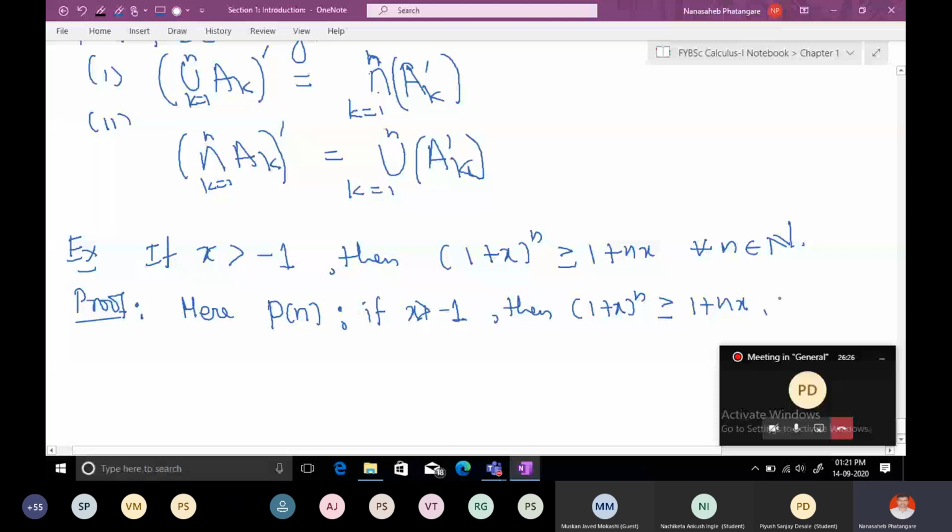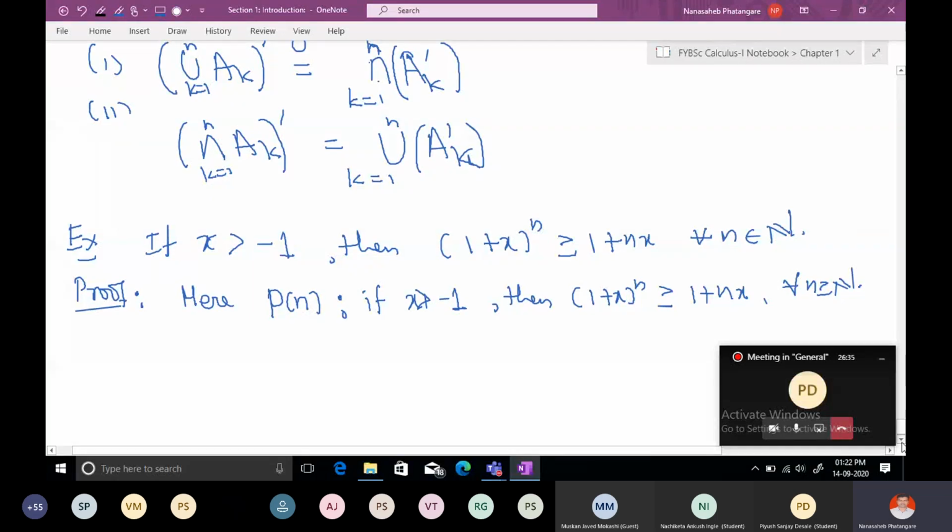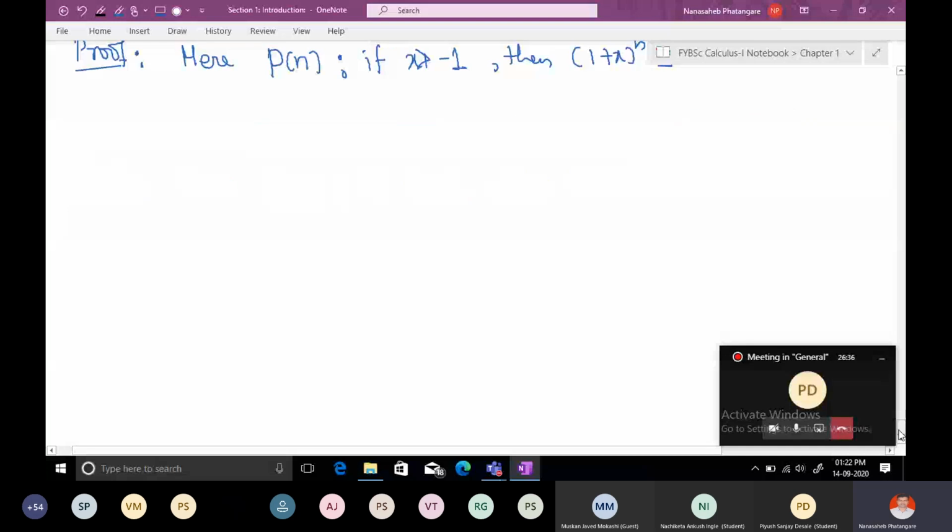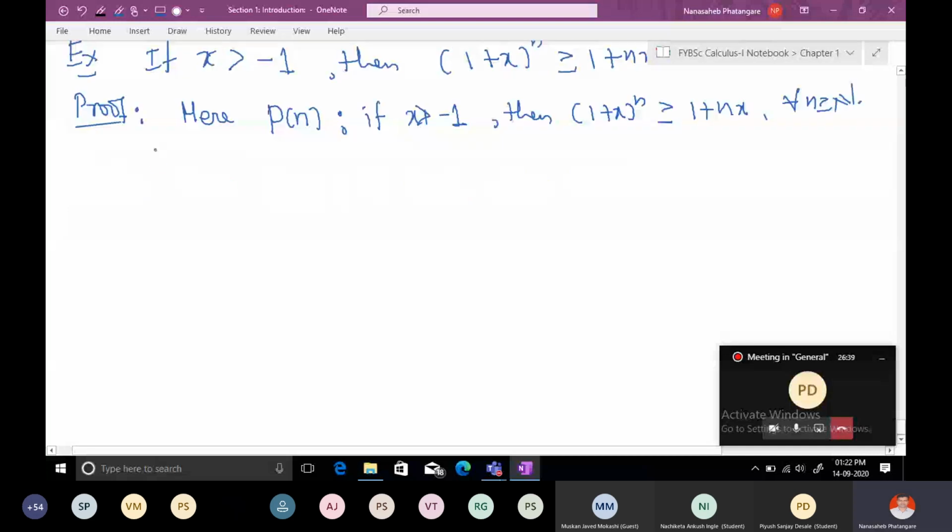So what is the first step? Because we want to prove this statement for all natural numbers, we shall prove it by induction, induction on n. We want to prove it for all natural numbers. Okay, so in induction, what is the first step?